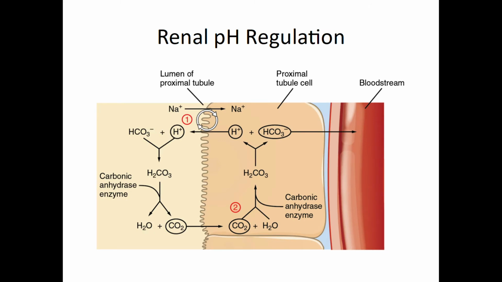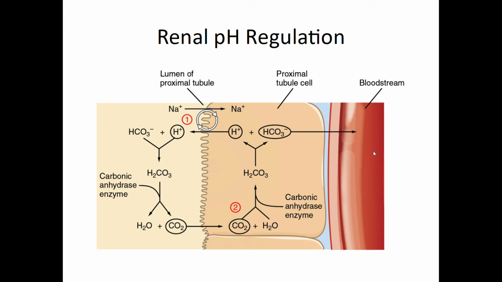So looking at this in a little more detail here, we have our secretion of H+ ions from our proximal tubule cells, which will create carbonic acid and bicarbonate via carbonic anhydrase, which we can reabsorb as CO2, and we can actively move the bicarbonate back into the bloodstream.